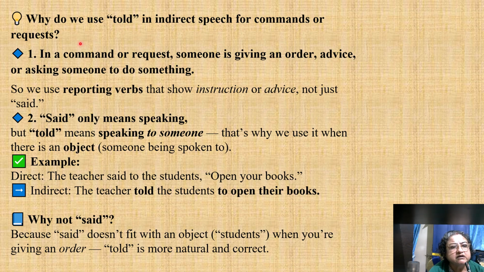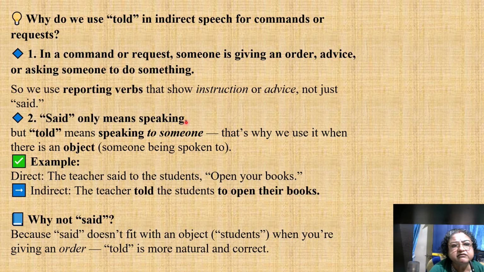Now it may come to your mind, why told in indirect speech for command or request? Sometimes we use told for command or request sentences. So in a command or request, someone is giving an order, advice, or asking someone to do something, whatever may be the subject matter.